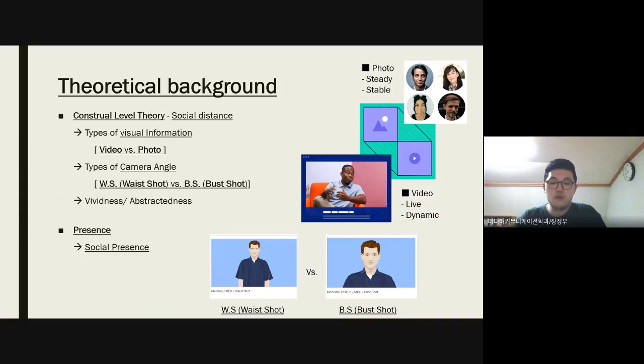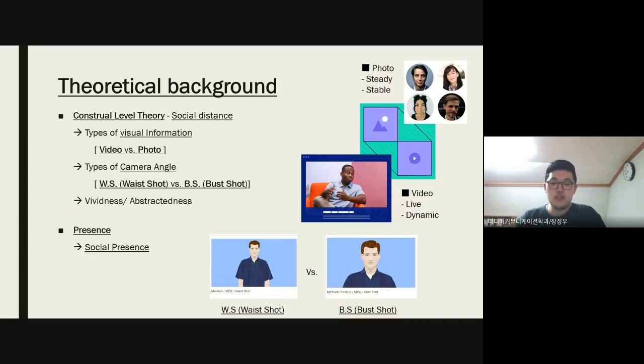According to the construal level theory, the psychological distance varies depending on how specific the information is, and this does create a difference in interpretation level. Therefore, the vividness and abstractness of the construal level that students perceive instructors in online lectures will change depending on whether video or photo forms are applied and whether waist shot or bust shot camera angle is used.